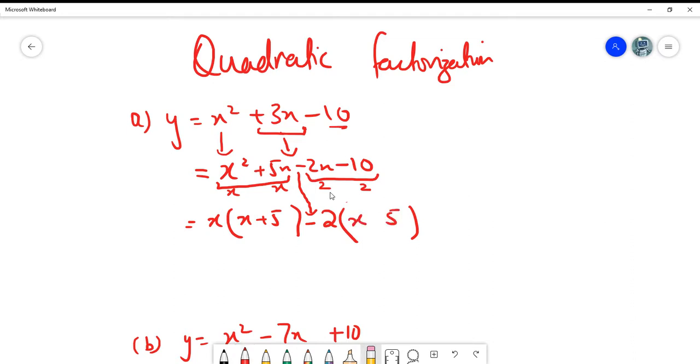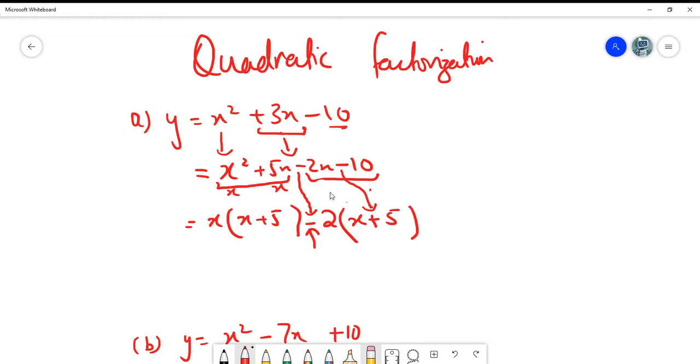But there's a catch. In this particular situation, whenever you have a negative sign written outside the bracket, the sign which is supposed to come inside needs to change. So a negative sign will change into positive and a positive sign will change into negative.